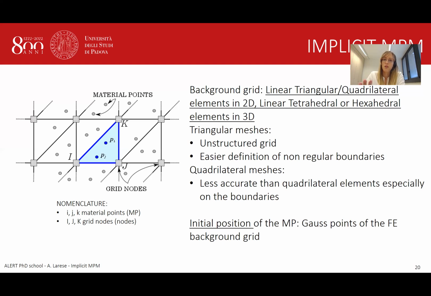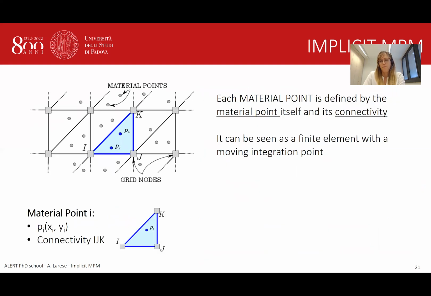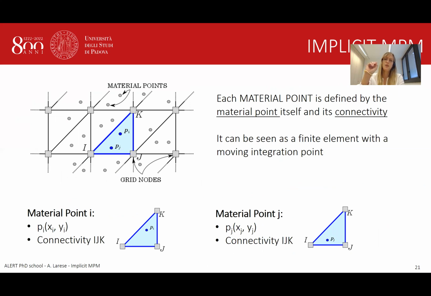And as I said before, we decide to use as initial position the Gauss point of the finite element background grid. So at least at the beginning, mass transfer is performed with minimal error. One small detail. Since all the assembly procedure and all the system creation is done as in FEM, we need to point out that every element in our MPM code is made by the material point itself plus its connectivity, so the connectivity of the finite element in which it falls.